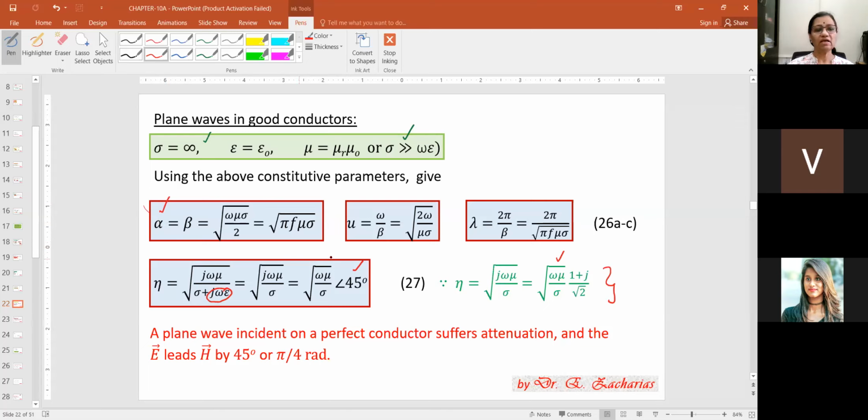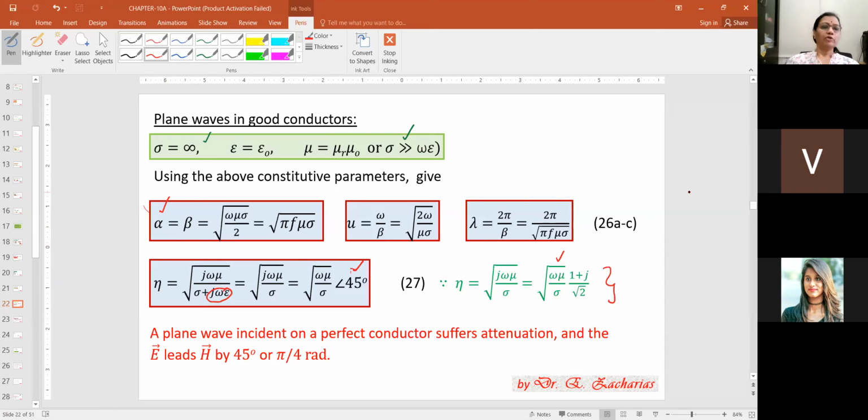And you are seeing that there is an angular part, 45 degrees or pi by 4. So two things will happen. One is, when a plane wave is incident on a perfect conductor, it suffers attenuation. The second thing is, there will be a phase difference between the electric and the magnetic field. Electric field will always lead the magnetic field by pi by 4 radians. That's a constant when it is a conductor.